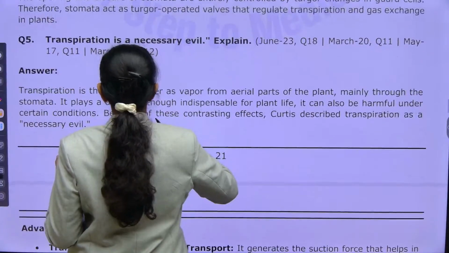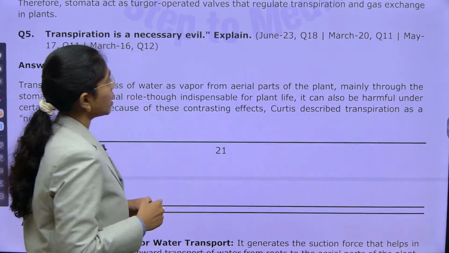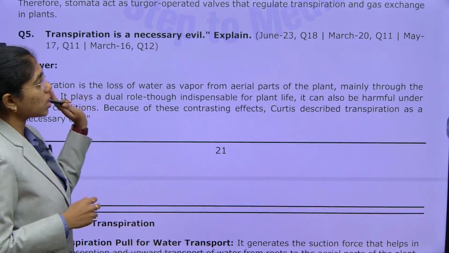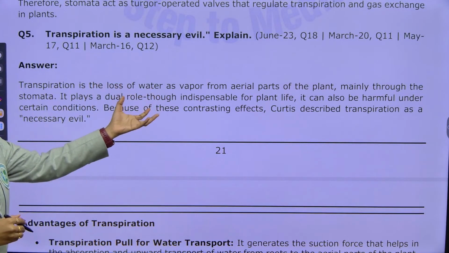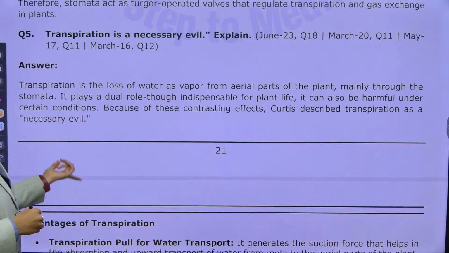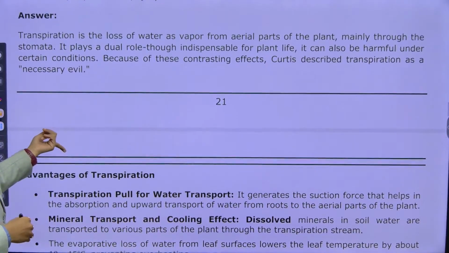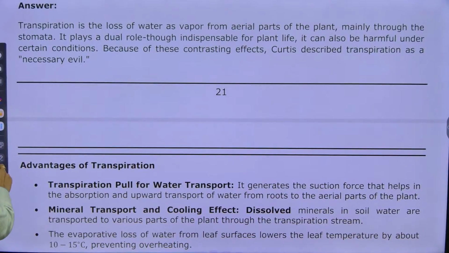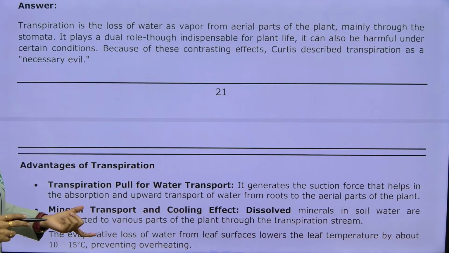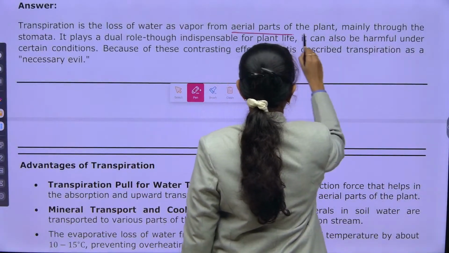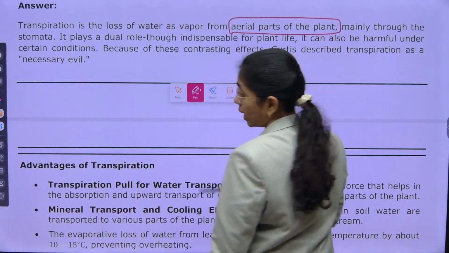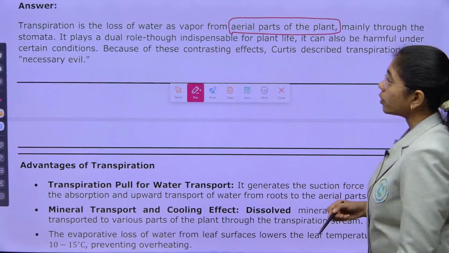Next we move on to transpiration is a necessary evil. You have to explain this statement. It has been asked multiple times, like in June 2023, 2020 and March 2016 or 2017. Transpiration is nothing but loss of water as vapor from aerial parts of the plant, mainly through stomata.